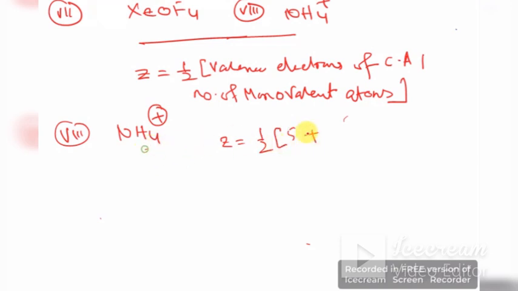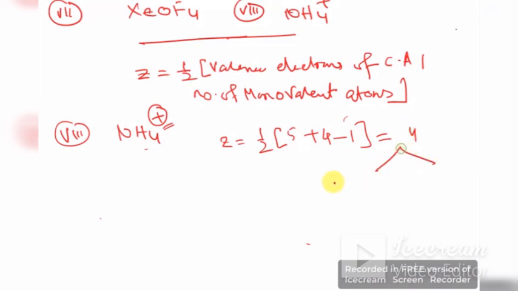How many monovalent? Hydrogen, 4 monovalent, it will be plus 4. For an ionic or cationic compound, for positive you have to subtract 1, and for a negative anionic compound you have to add 1. So it will be 9 minus 1, 8, by 2, it will be 4.